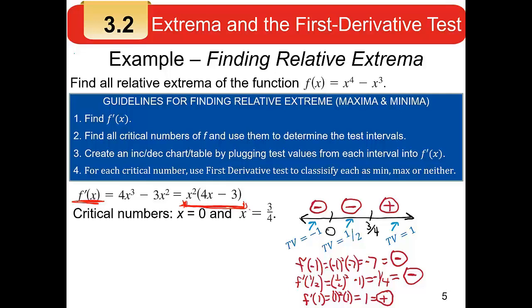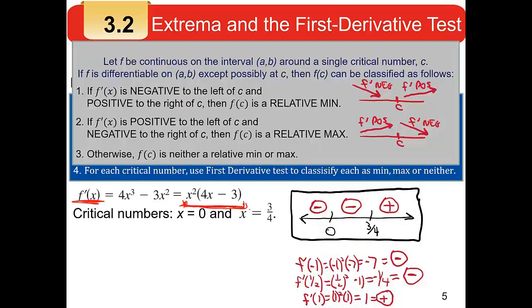Now that's behavior that I wanted to come to grips with in this problem. Where's the function increasing or decreasing? Because I know the increasing, decreasing tells me about whether I have maxes or mins. So looking at that chart and thinking back to what it means to be a relative minimum or relative maximum, it's the behavior around those critical values.